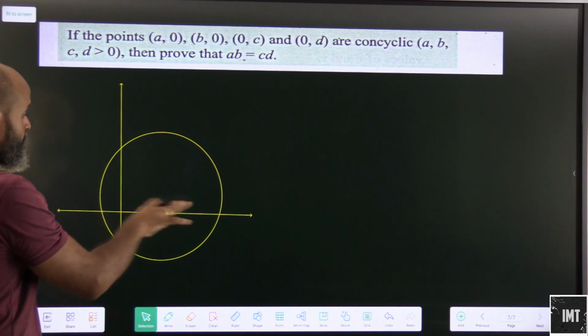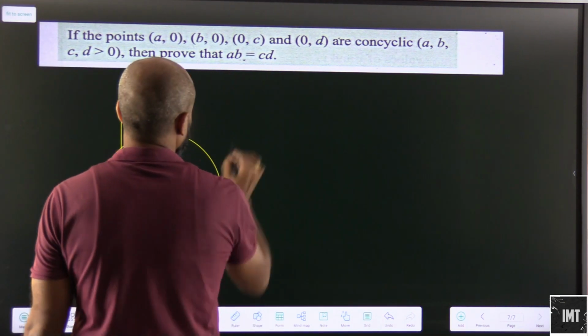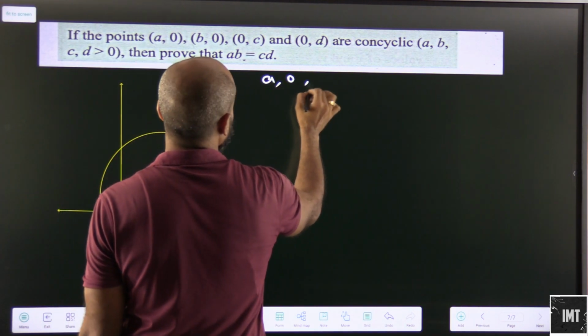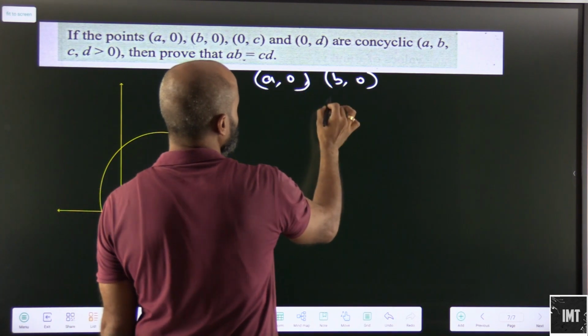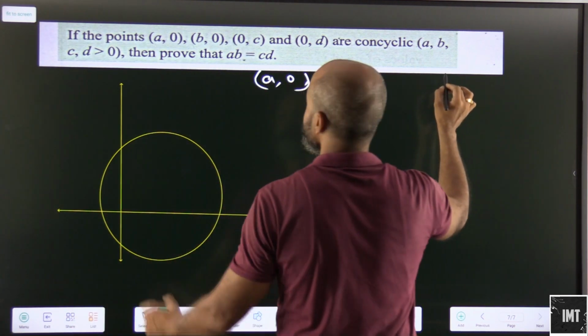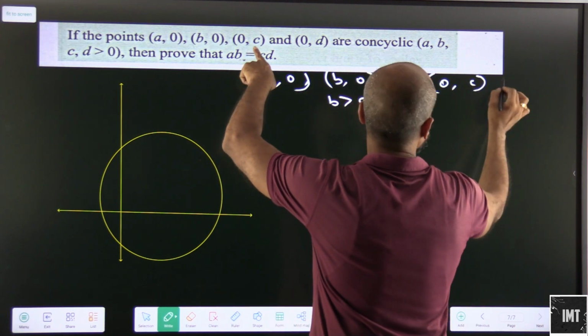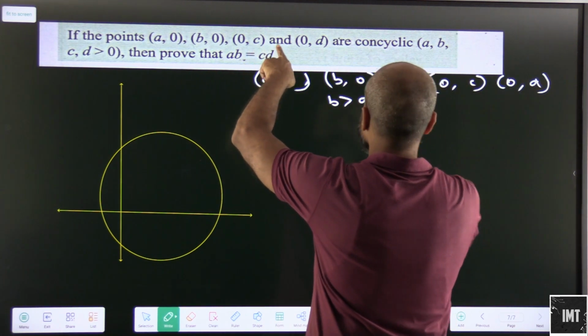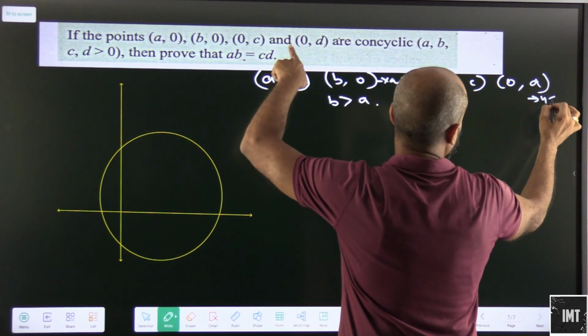Okay, so we have the x-axis and y-axis out here, and let's assume that (A, 0), and then we have, let's say, (B, 0). So let's assume that B is greater than A, and the other points, that is (0, C) and (0, D). Obviously these points will be along the x-axis, and these are going to be along the y-axis.